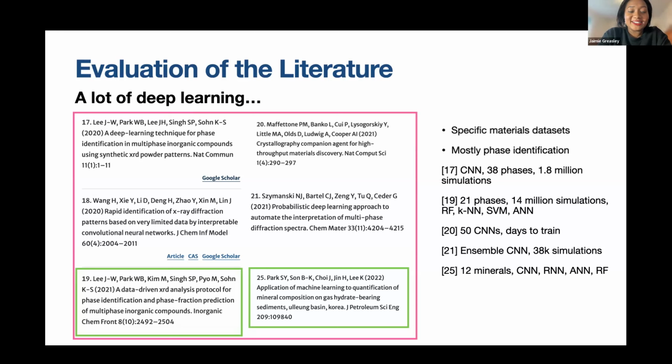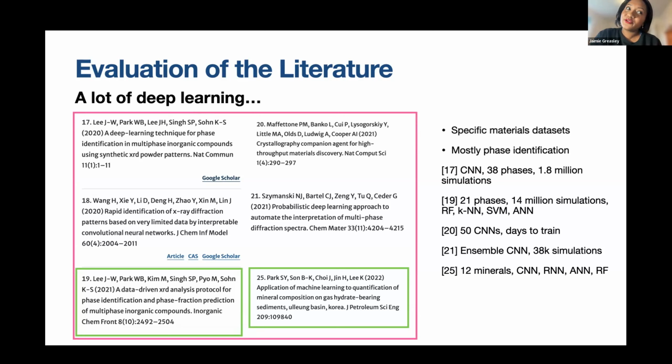These same people later concluded, at least for the task of phase quantification, that they were trying to augment their data set. They eventually augmented to 40 million simulations and trained a deep CNN, and it was still not performing as well. So they tried other models, and they found that a simple neural network, with just a single hidden layer, performed better than all the CNNs.